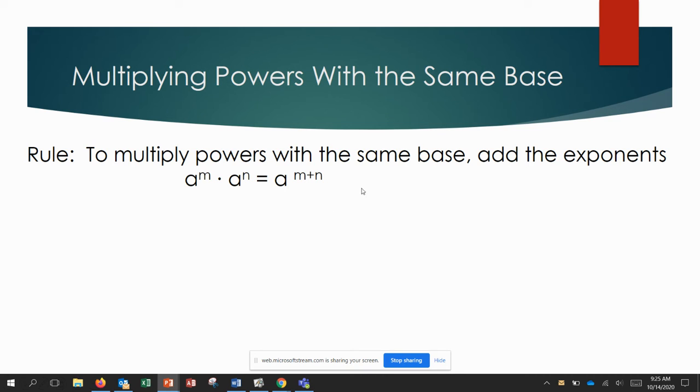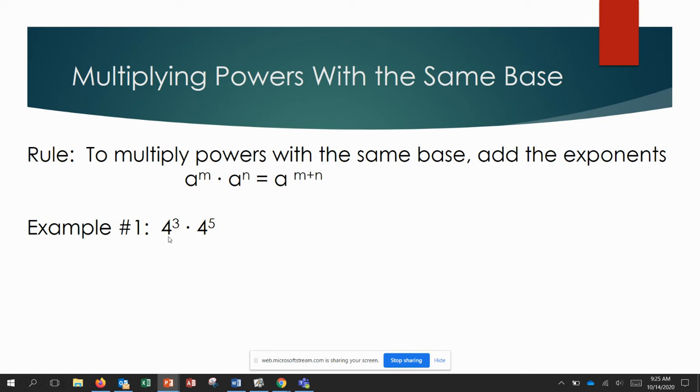You should write this down as a to the m times a to the n equals a to the m plus n. Notice that your base does not change at all. That base is still a. You're only adding the exponents. Nothing changes here, because you're expressing a to a certain power, which is the sum of the two exponents.